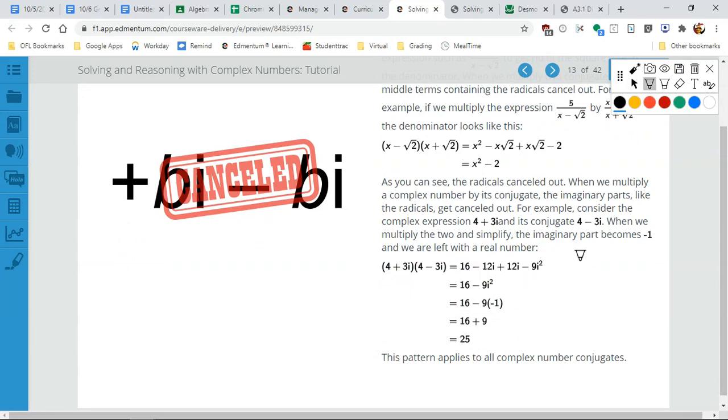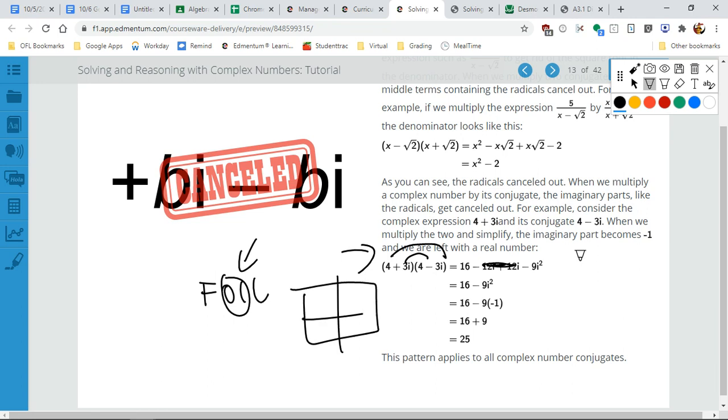That's the beauty of the imaginary numbers. If we're doing FOIL, the outer and inner cancel out. So this is the outer and the inner, this little rainbow here. Before I did the box method a lot, I used to say we just need to do the rainbow method to figure this out.